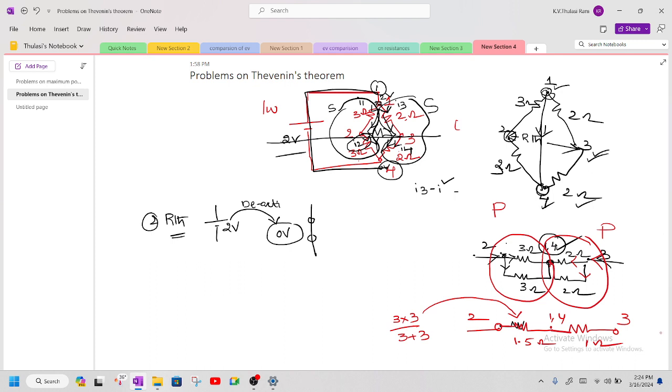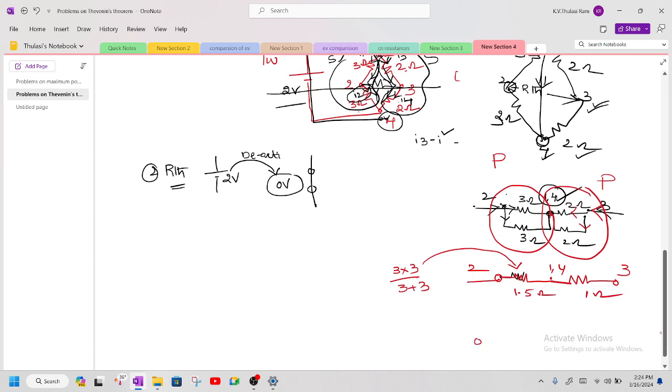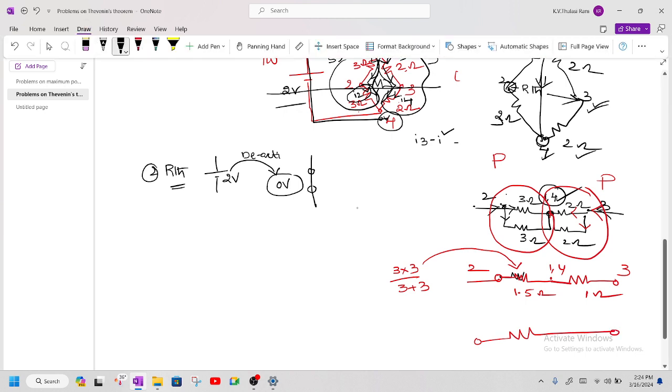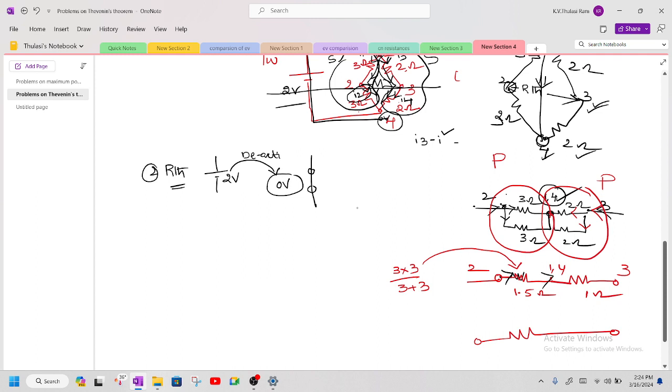So now the equivalent between these two, you can see here, the current starts flowing from 2 and it reaches 3. I can say these two are again connected in series connection. Therefore between 2 as well as 3, these two are connected in series, which is nothing but 1.5 plus 1.